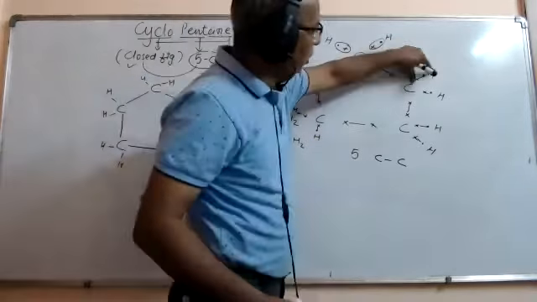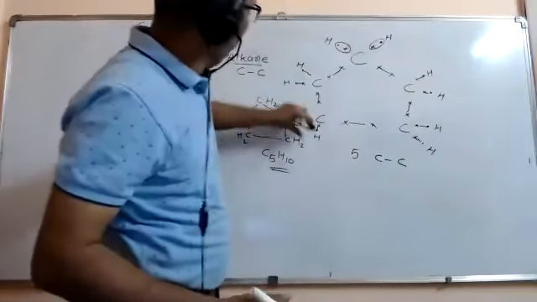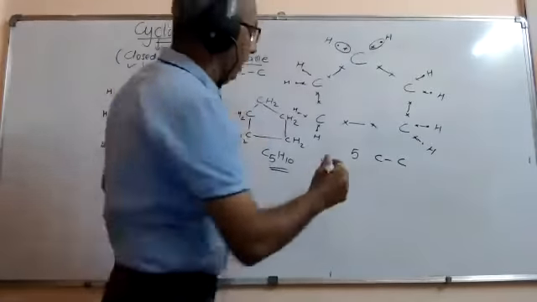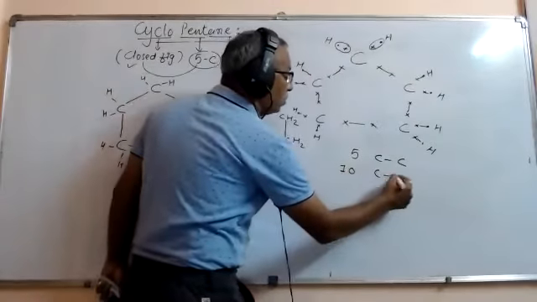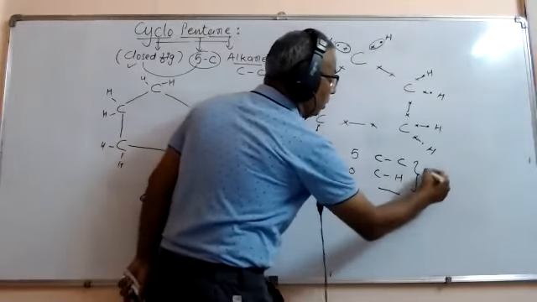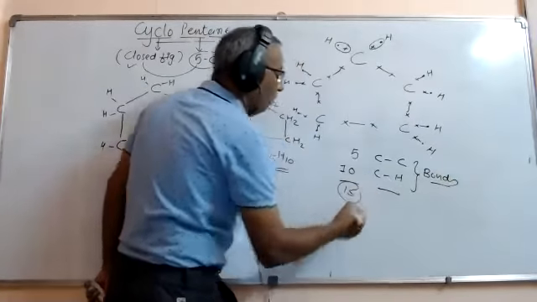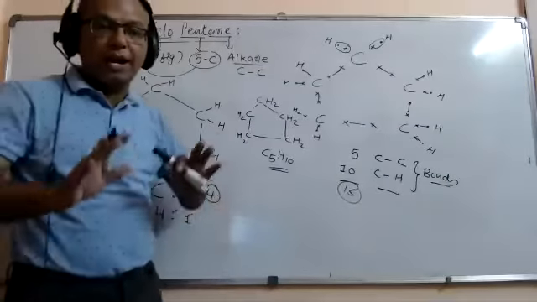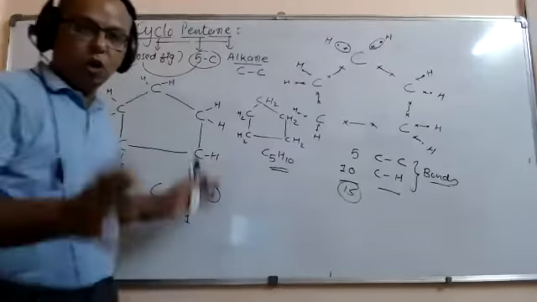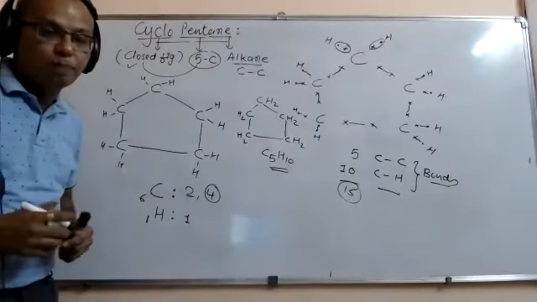And 1, 2, 3, 4, 5, 6, 7, 8, 9, 10. So total 10 CH bonds are present. So total bonds you can see are 15 here. All bonds are single bonds. And this is all about cyclopentane.